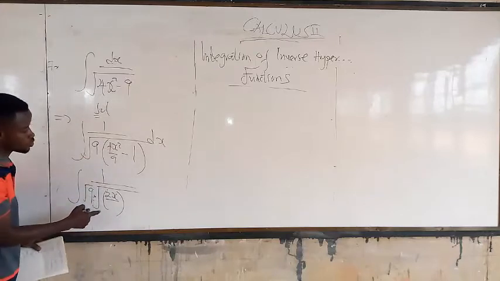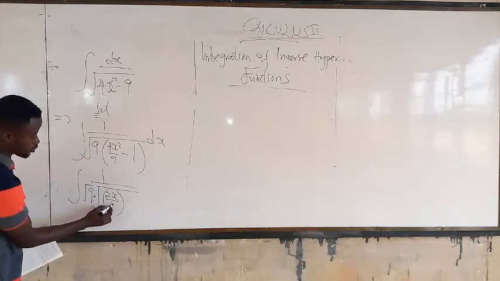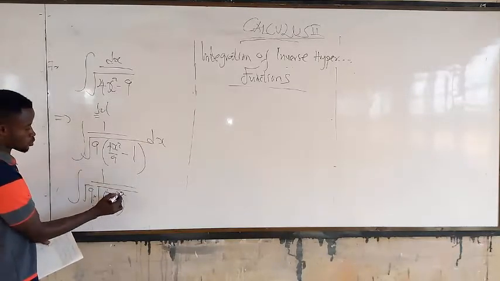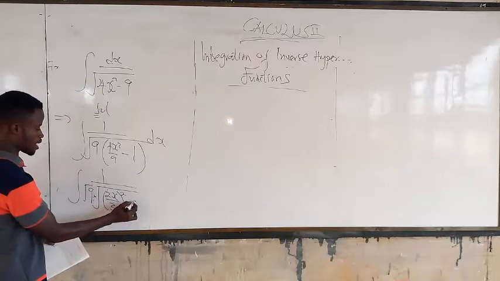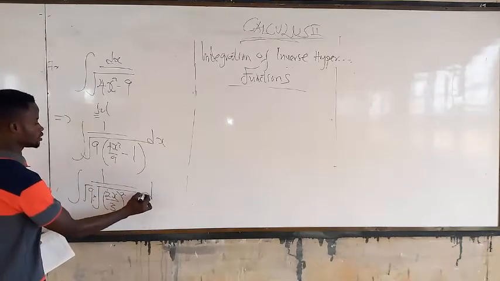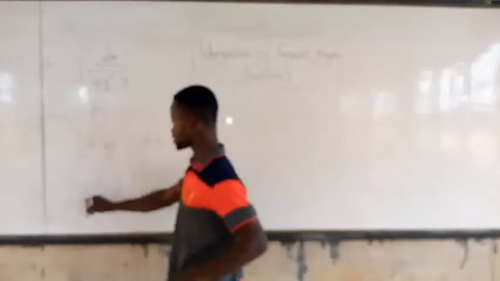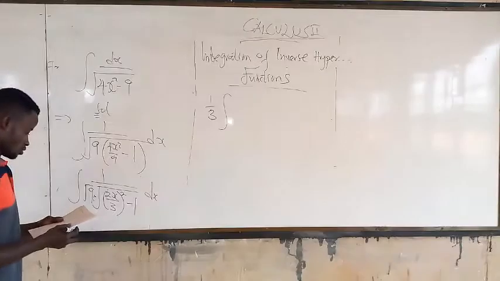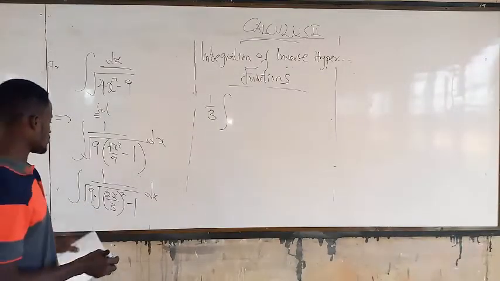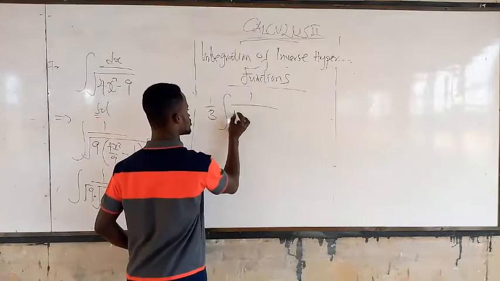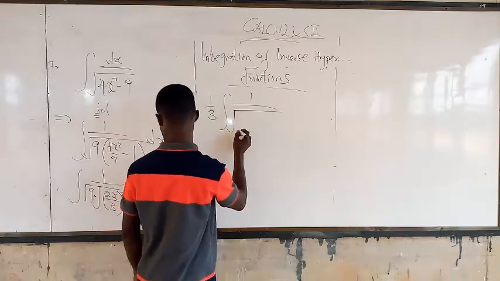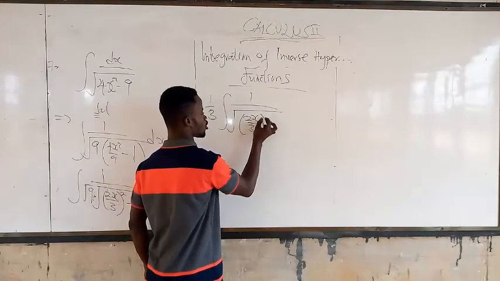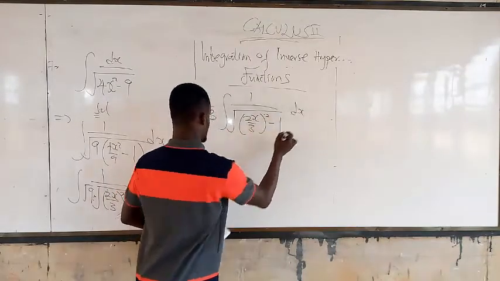So 2s over 3, all squared, because here we can get 3 squared. So we have factored the square out, minus 1 ds. And with this 3, we can get 1 over 3 out. Then we get 1 over 3 times 1 over square root of 2s over 3 all squared minus 1 ds.